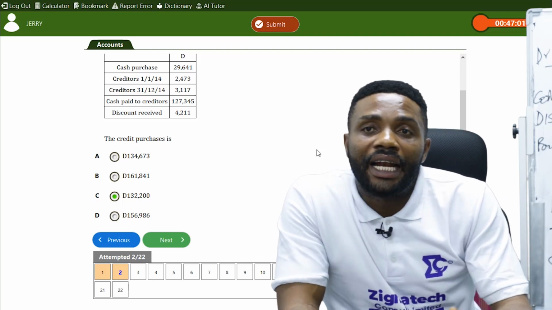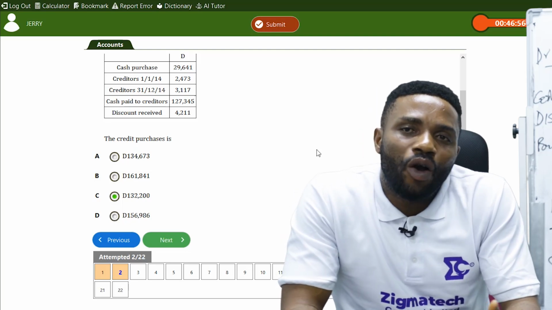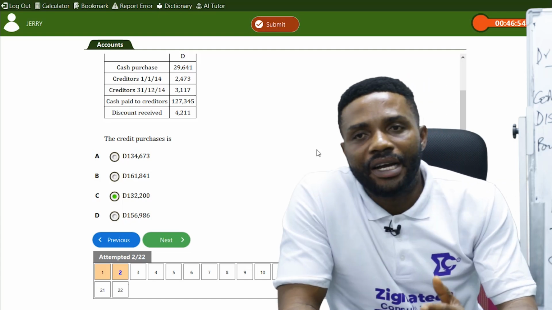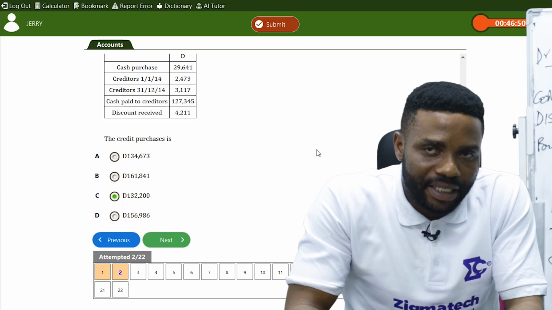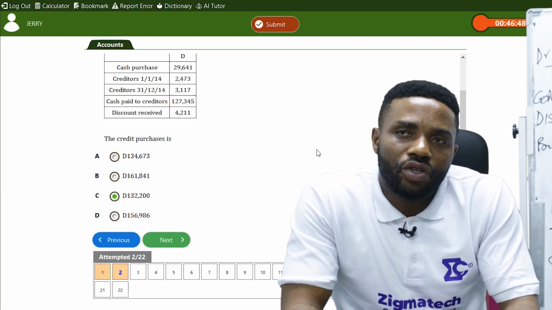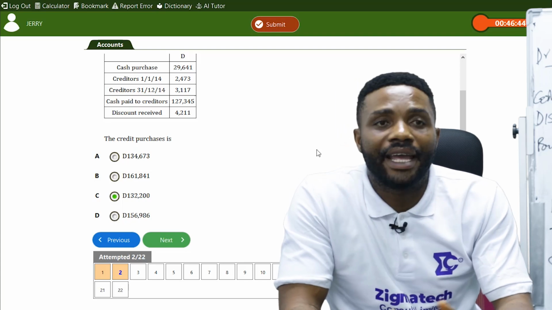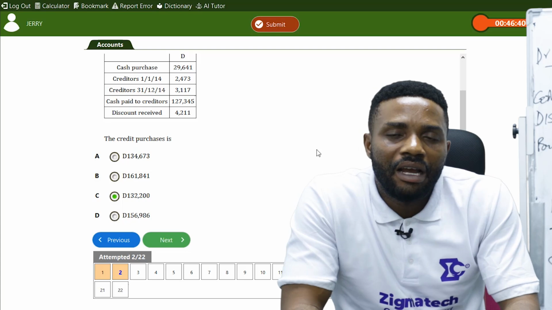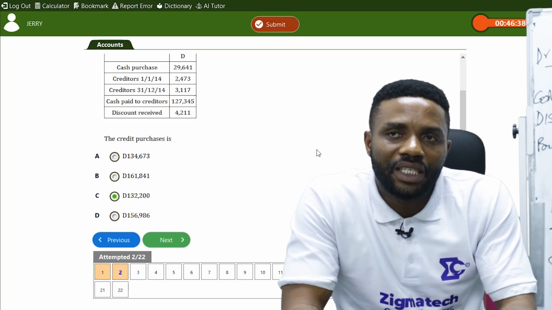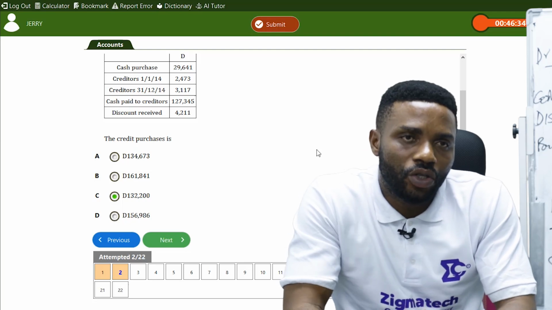We have said that every transaction that increases what we are owing our creditors will be credited, and a transaction that will decrease it will be debited. And then we looked at transactions that will be on the debit side, and transactions that will be on the credit side. I encourage students to go back to the lessons and familiarize themselves with it and go to the exam guide to solve as many questions as possible.